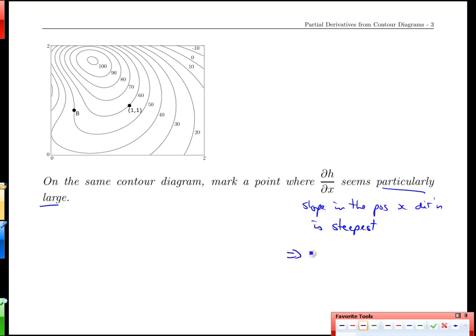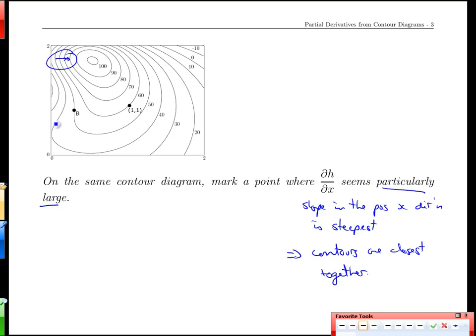And that, remember, means that the contours are closest together. When we look at our diagram, this is a relatively flat region because it takes a while in terms of xy distance to get from 20 to 30. Whereas in this region over here, if I take the same size step, I can cross several contour lines and get a much more dramatic increase in my height, which is represented by each contour here. I can cross more contours.